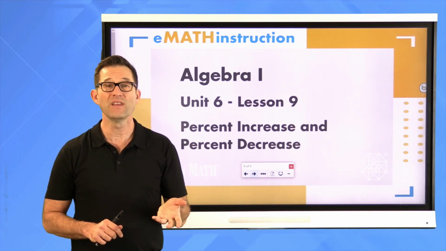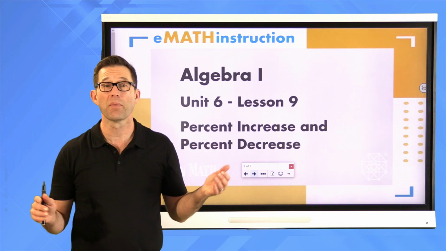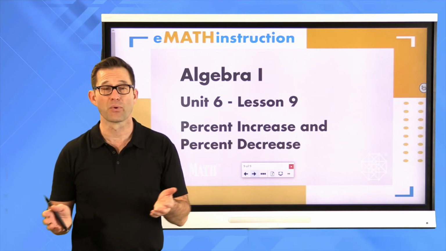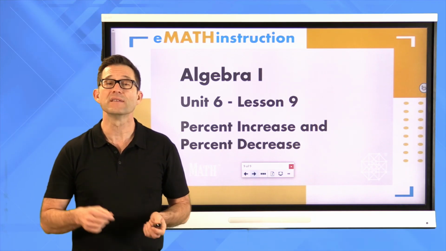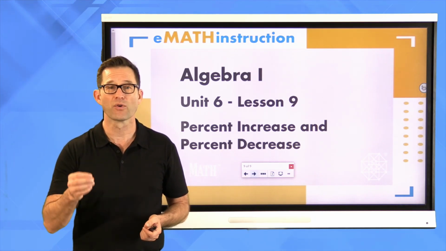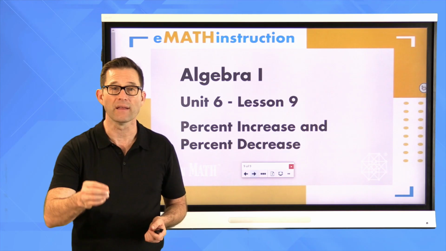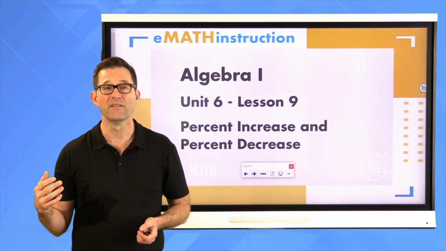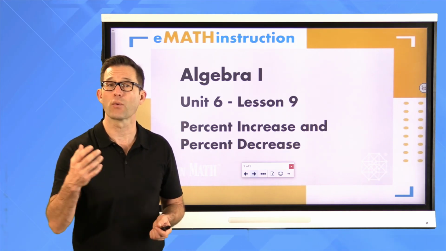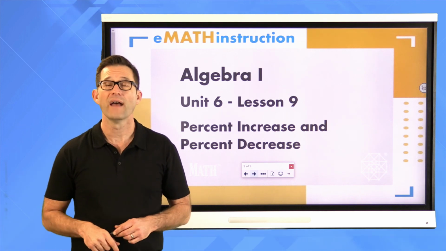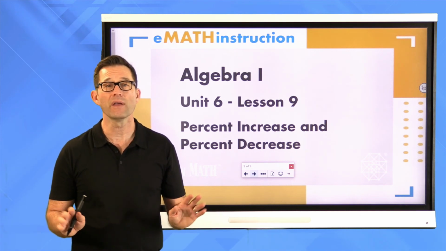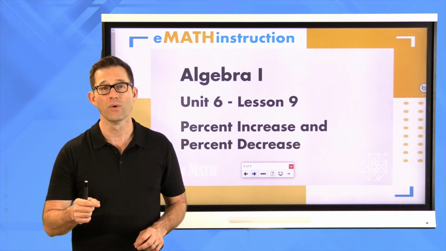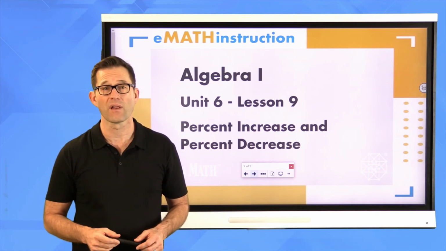In the case of decreasing, we multiply by 1 minus the percent divided by 100. What that's really giving us is multiplying by the decimal version of the percent that remains. So if I am going to decrease by 8%, the percent that remains is 92%, and so I multiply by 0.92. This should be very easy, and hopefully it reminds you of work you did in a previous class.